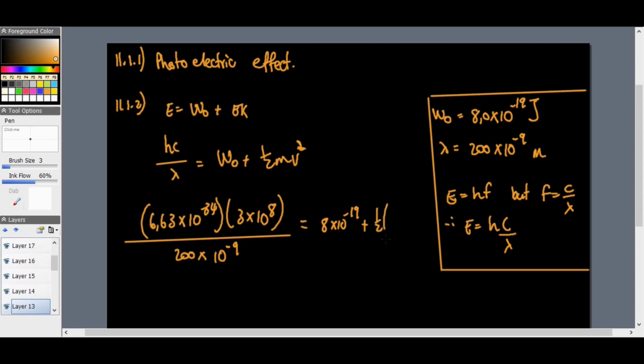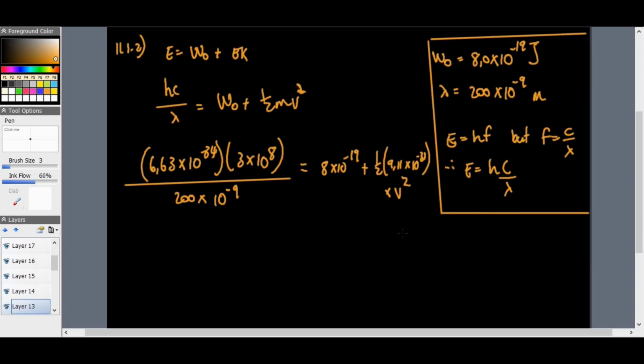half. Now, what are we adding here? Mass. What's the mass of an electron? It's on your formula sheet. 9,11 times 10 to the power of negative 31, multiplied by v squared, which is unknown. Don't worry, we'll fix this little mess up in just a moment.